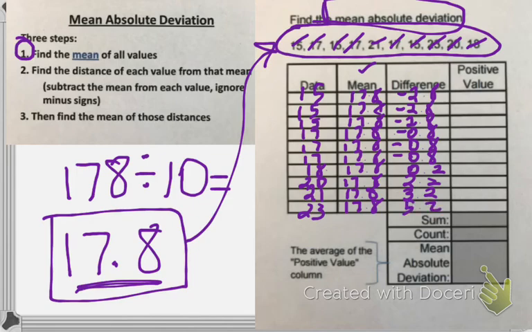This is how far each of the data points deviates from our mean. So 15 is negative 2.8 away from our mean of 17.8, and because it's negative, it means it deviates to the left. Now we're going to rewrite the differences as positive values. This is also called the absolute value. Remember when we learned about absolute value, it's like those touchdown signs. The absolute value of negative 4 would just be 4.